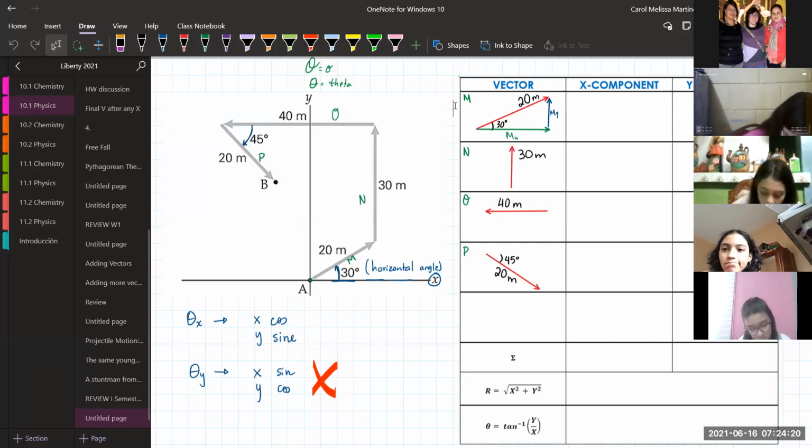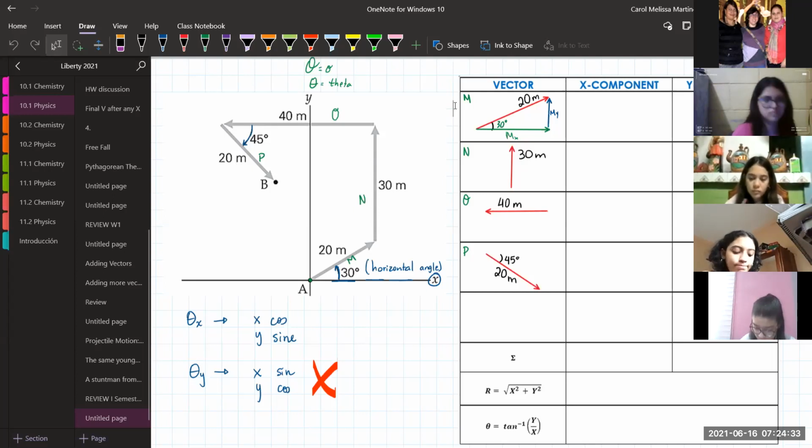Now, I will get the components of my vector P. I don't need to get components in N and O because those are straight vectors. So my component in P is going to the right or to the left? To the right, and down. The horizontal component is going right or left? It's going to the right. Take a look.